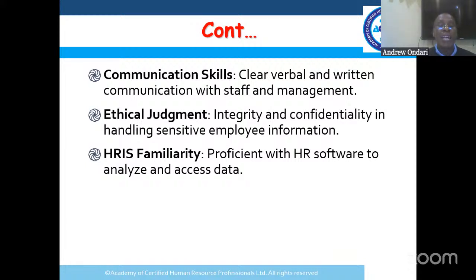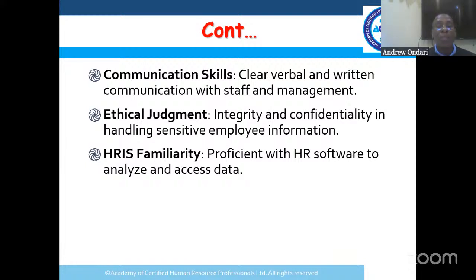Another one is ERP, that is enterprise resource planning, which HR managers should be familiar with. This system helps to approve leave days, conduct appraisals, and also develop payrolls. So if these HR managers are not conversant with these HR systems, then it becomes difficult for them to conduct audits.